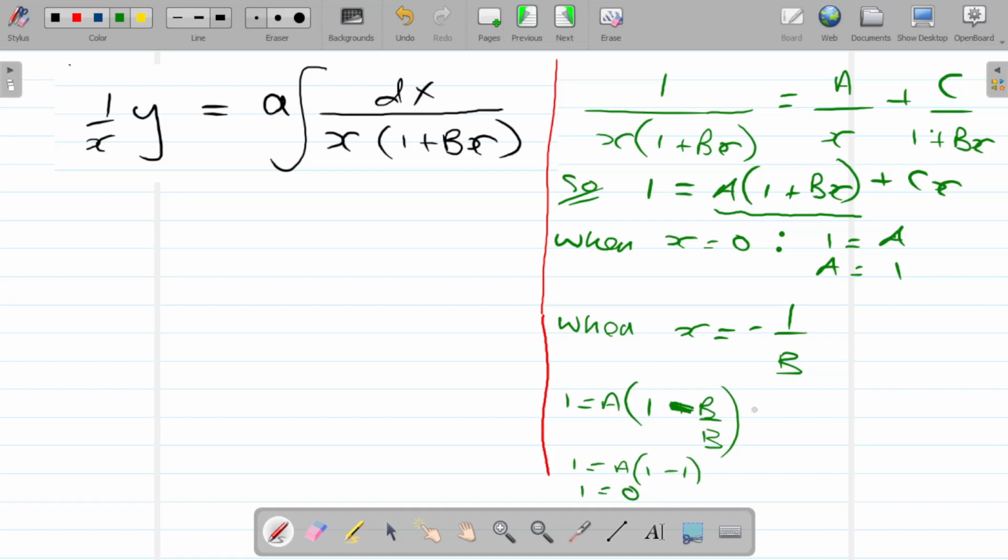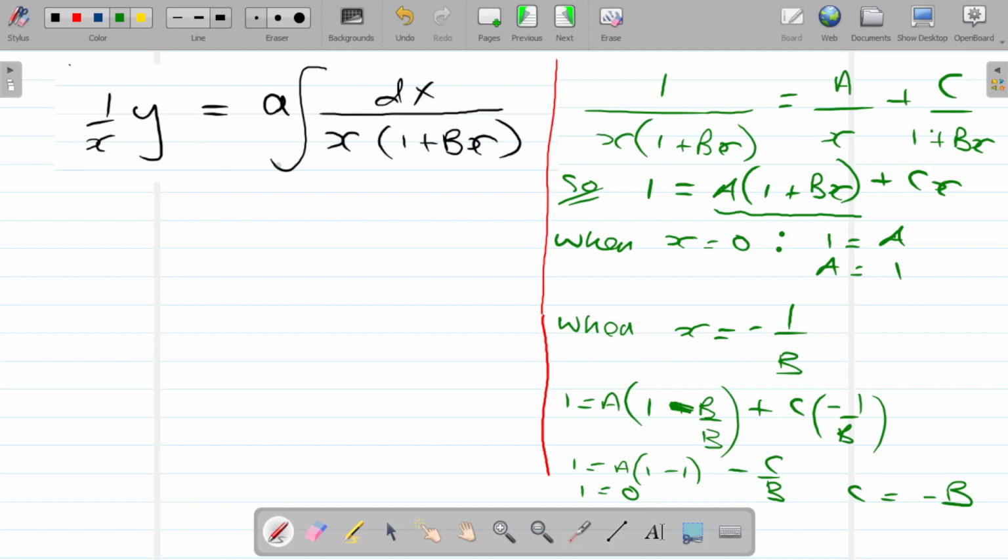But also over here we've got plus c times minus 1 over b. And then here we've got minus c over b. Therefore, c equals minus b. Right? Okay, so it's very rough working.